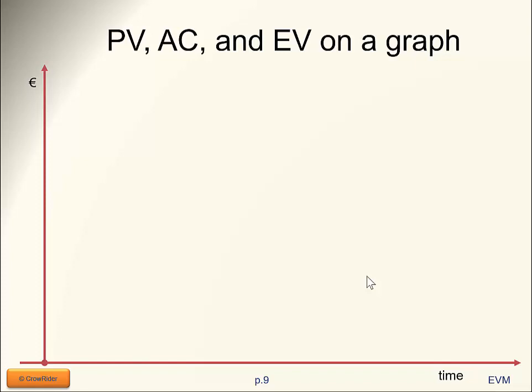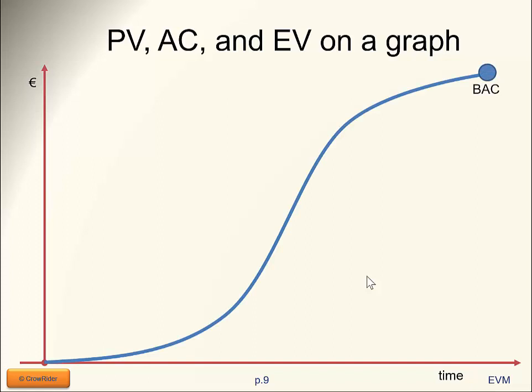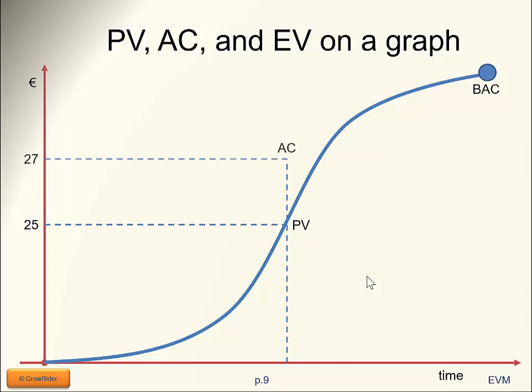Let's have a look at how these metrics look on a graph. We're back to our baseline, back to our budget at completion. This is the moment now. This is our planned value, 25. This is our actual cost, 27, and our earned value, 22.5. Now let's have a look at our metrics. Remember that earned value minus planned value was the schedule variance.